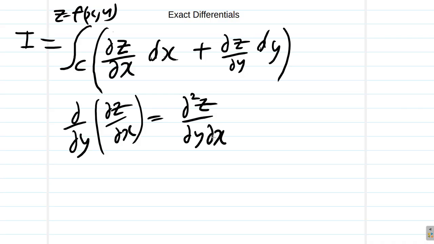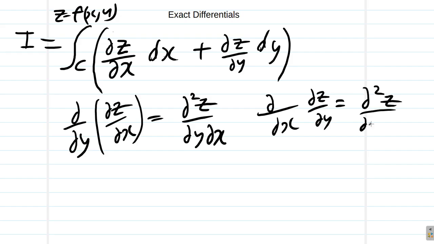You see that? And now, suppose you find the derivative of this with respect to x. You find delta z, or the partial derivative with respect to x of delta z by delta y. What you would get is delta square z by delta x delta y.